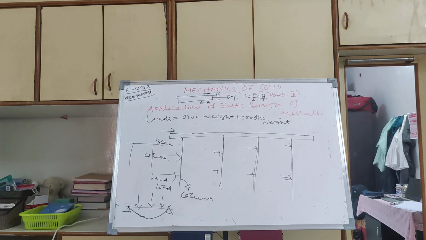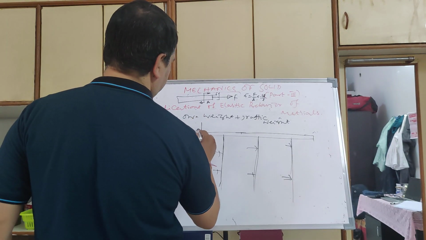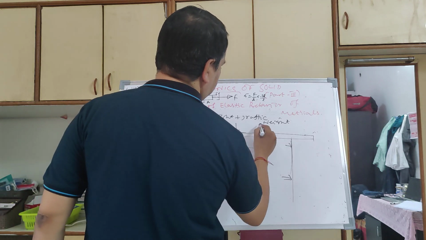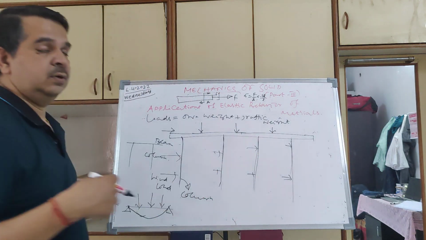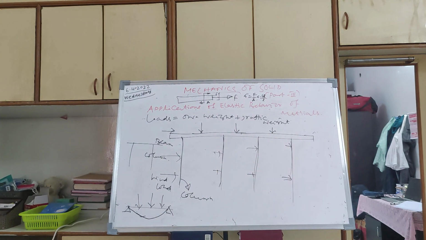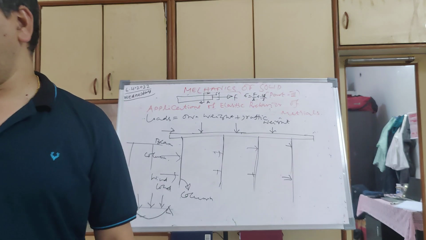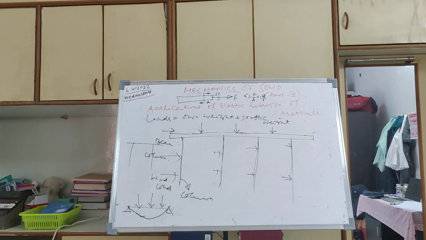So what is a beam? A beam is a member which takes transverse load, that is, load perpendicular to its length. Load along the length is called a rod.